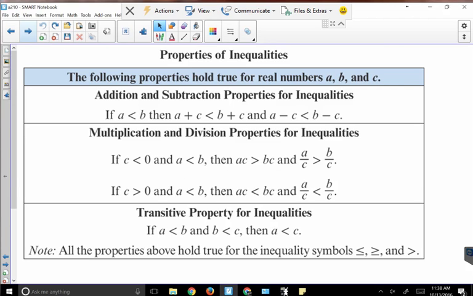Anybody remember? Multiply or divide by a negative. What do you got to do with the inequality? Switch it around. Goes from less than to greater than, or greater than to less than. That's the only catch that you have to worry about. Okay?